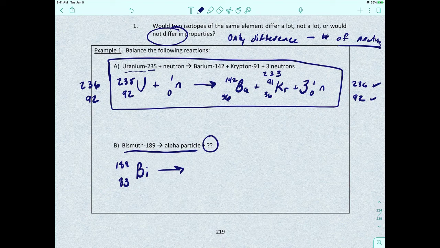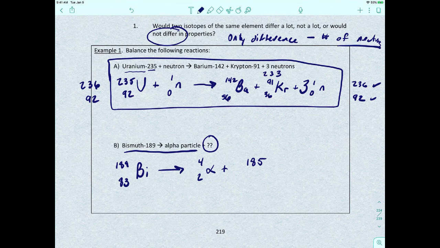The first thing we have to do is write the symbol for the alpha particle. It has a mass of 4 and atomic number 2. Now to figure out the thing that's missing, we take 189 for the mass on the left-hand side and subtract 4, and that gives you the mass of the missing nuclide. So 189 minus 4 gives us 185.